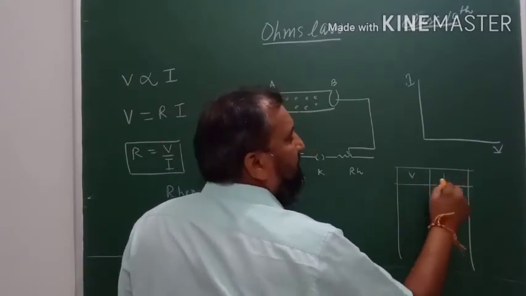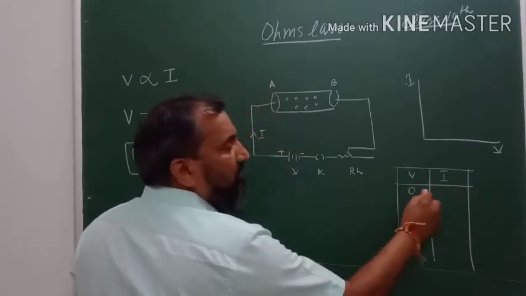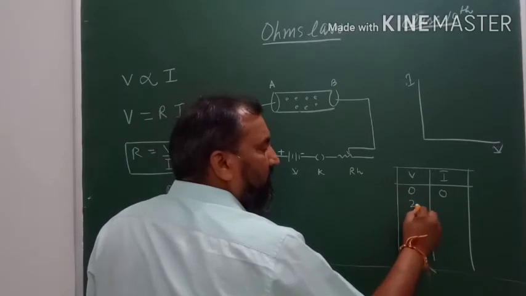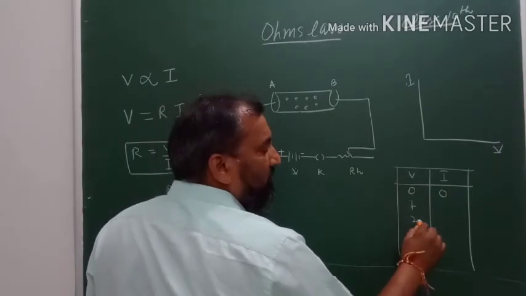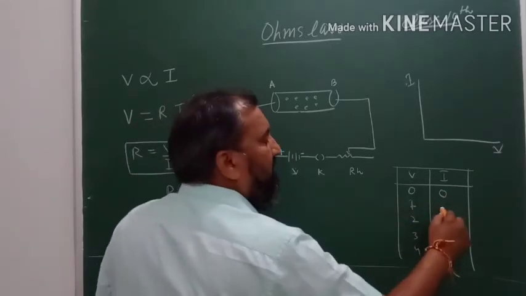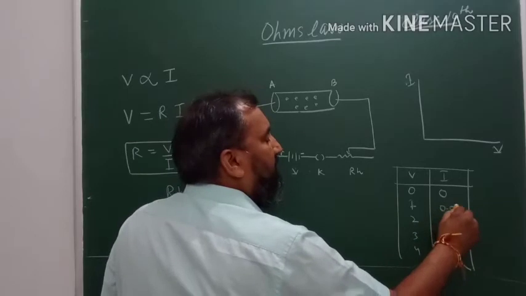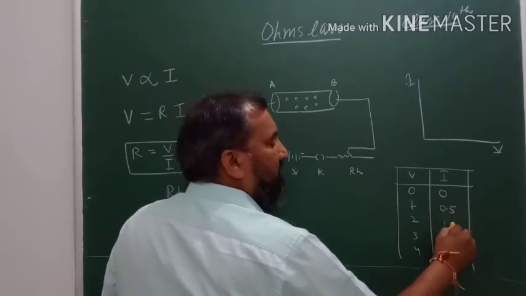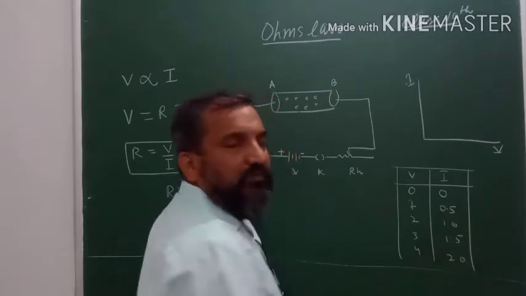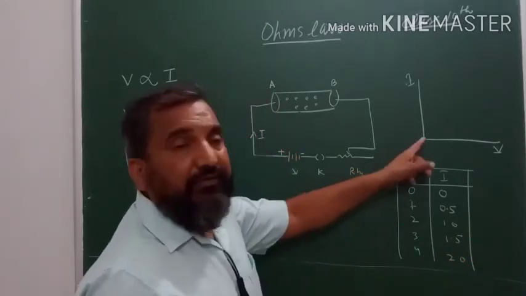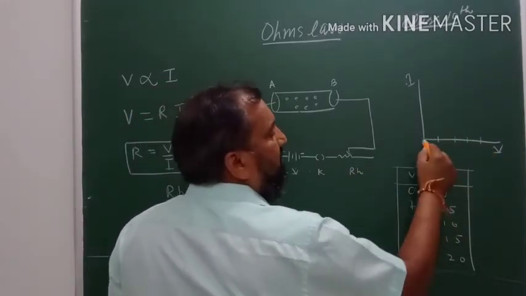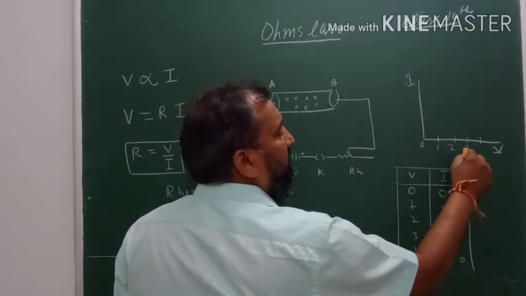When voltage is 0, current will be 0. When voltage is 2, current will increase like that: 0.5, 1.0, 1.5 and 2.0. Plot this graph, with voltage 0, 1, 2, 3, 4.